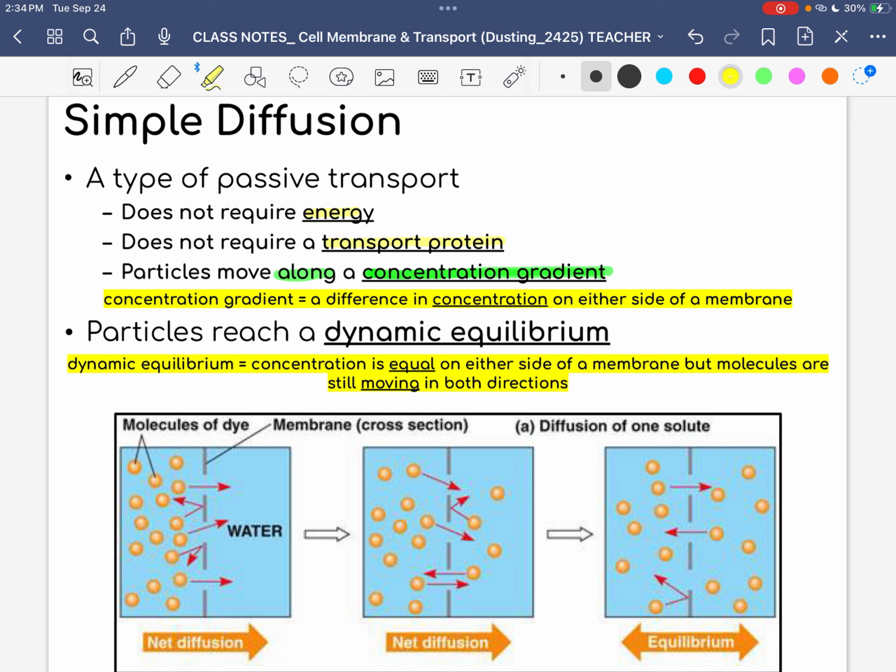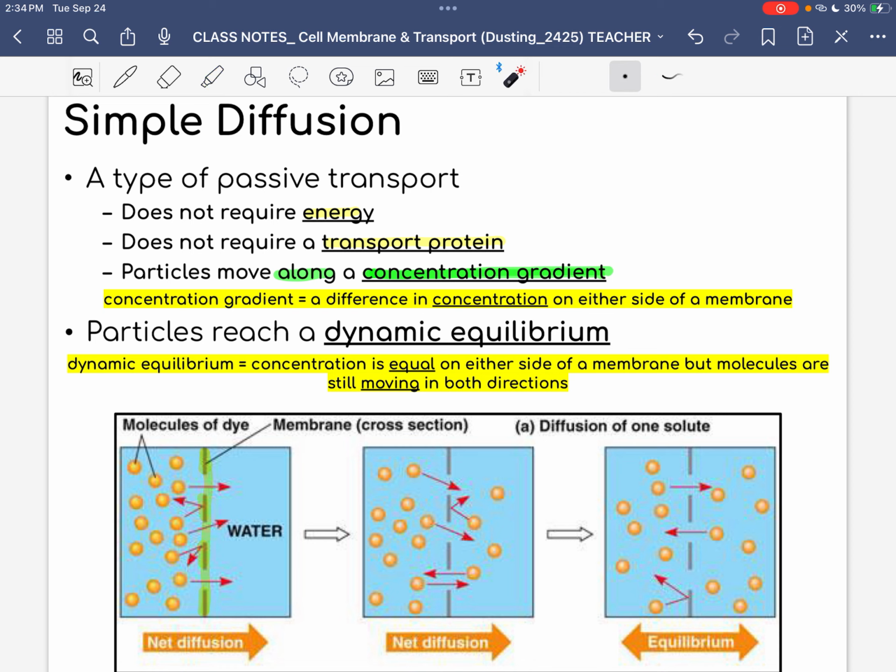So here's our membrane, right? You can see there's our membrane, and you can see that there's gaps, there's spaces for molecules to move through. And you can see over here we've got these molecules, and there's more molecules in the same volume compared to this side over here, which has none. It's just pure water.